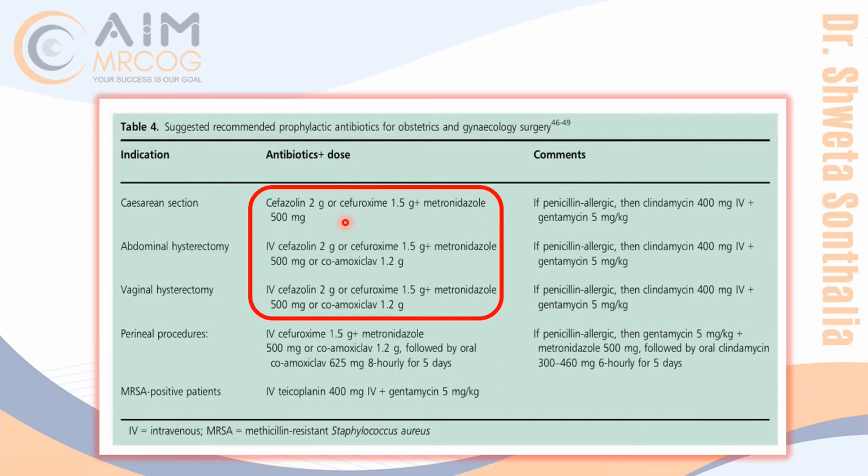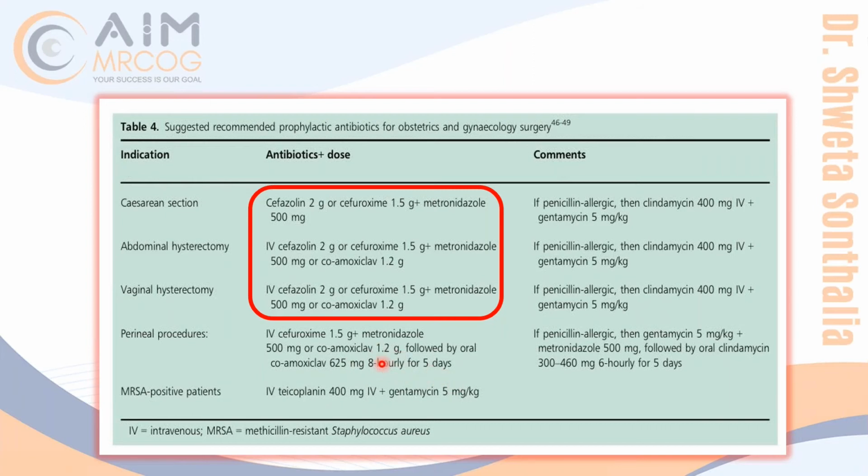Okay, good. Now, perineal procedure. When we used to read the guideline on third and fourth degree perineal tear, I always used to think what antibiotic we will give. But we had no clue at that time because it was not mentioned in the guideline. But now they have come up with it: when you are doing a perineal procedure, you have to give coamoxiclav 1.2 grams start, followed by coamoxiclav 625 8 hourly for 5 days.